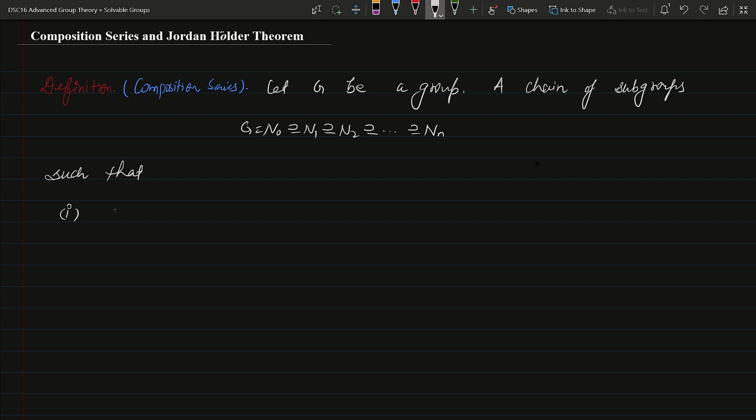The first is each N_i is normal in N_{i-1} for i equals 1, 2 and so on.